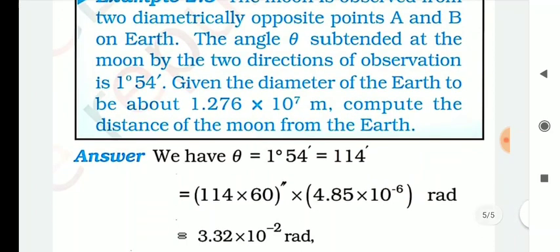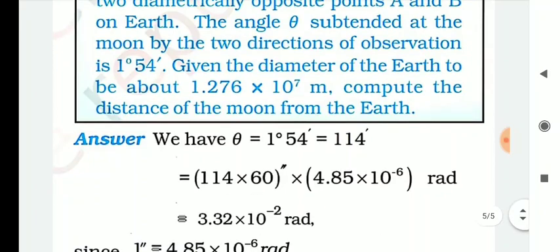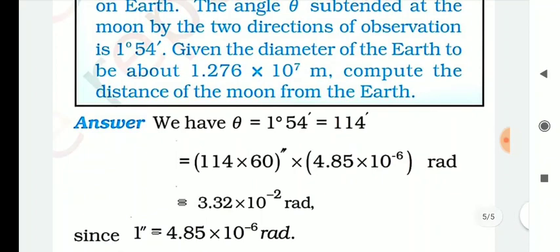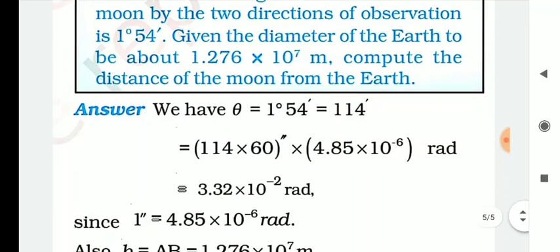After that, we have the diameter of the earth, which means the distance between the two observation points. The distance between the two observation points on the earth is treated as the diameter of the earth, which is given to you. That means we have the value of the basis, 1.276 into 10 to the power 7 meter. Now we have to calculate the value of capital D.